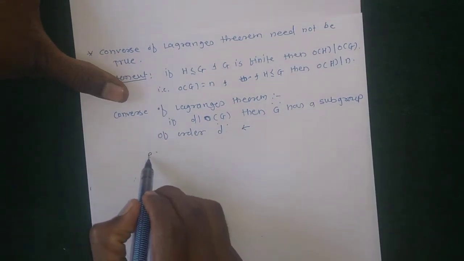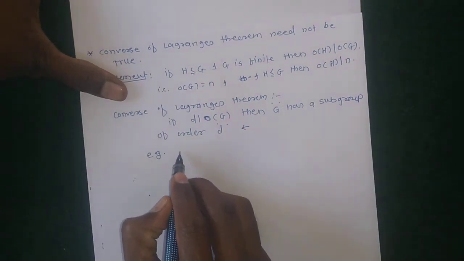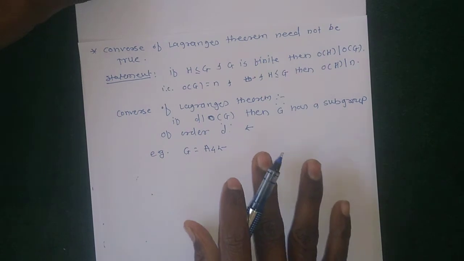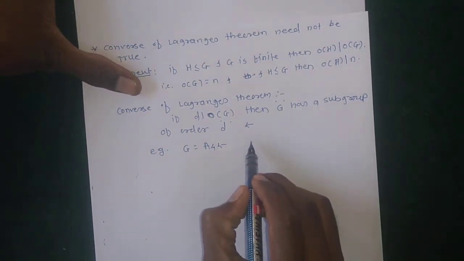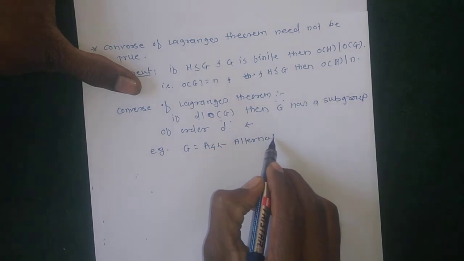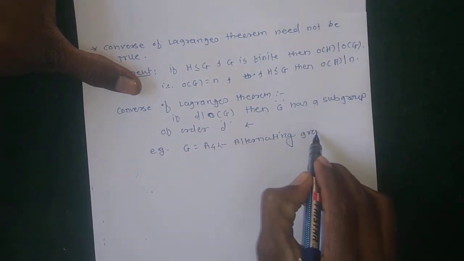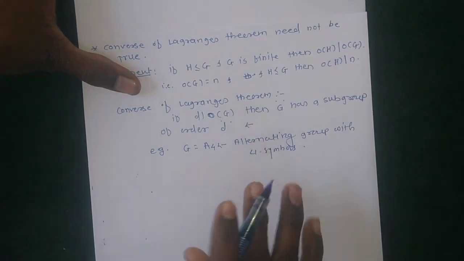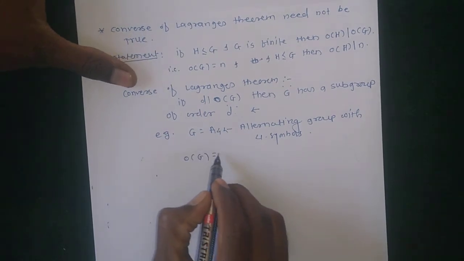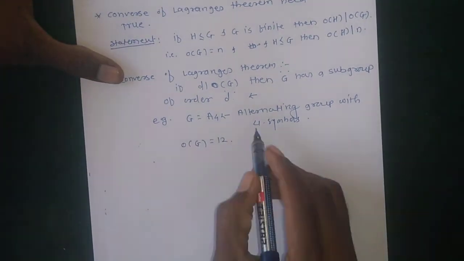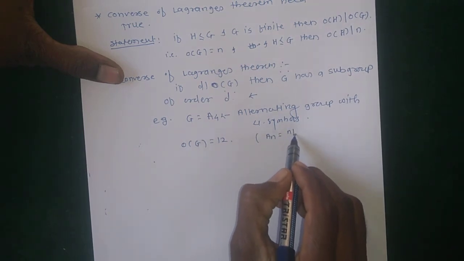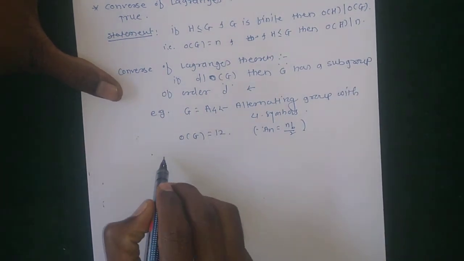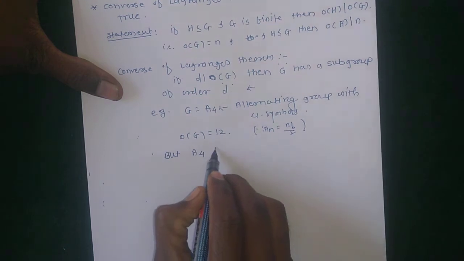So the counterexample is: suppose G is the group A4, the alternating group with 4 symbols, which contains all even permutations. The order of G is 12, because the order of A_n is n factorial over 2.